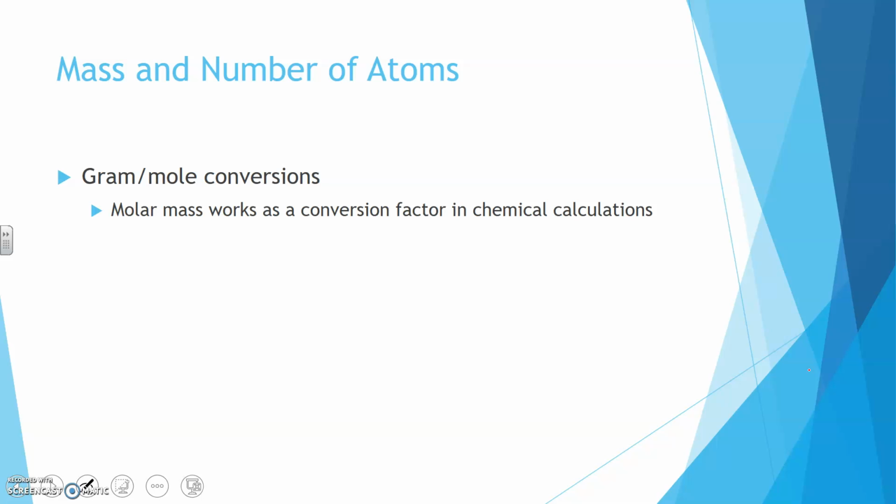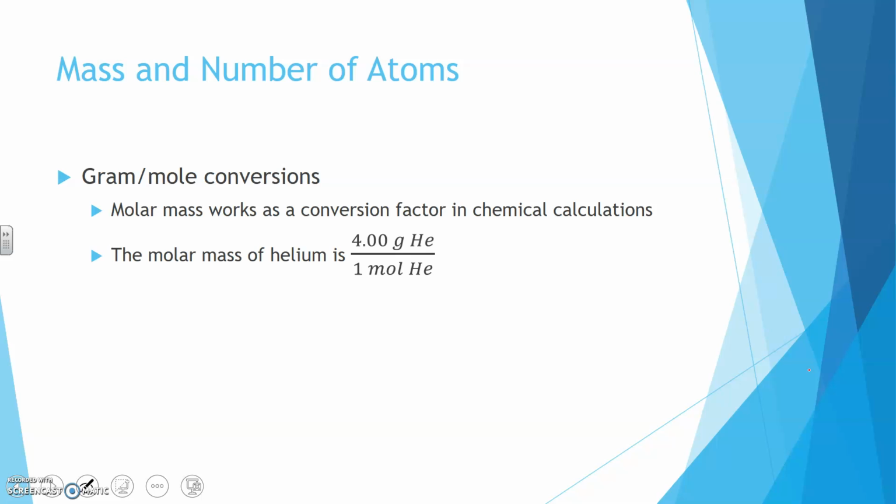So molar mass will work as a conversion factor in these chemical calculations. It is grams over moles, so it's some number of grams, and then it's almost always going to be over 1 mole. It's more important that you keep your units lined up correctly than trying to figure out the numbers right off the bat. So you can almost always put 1 next to moles and then figure out the grams from there.